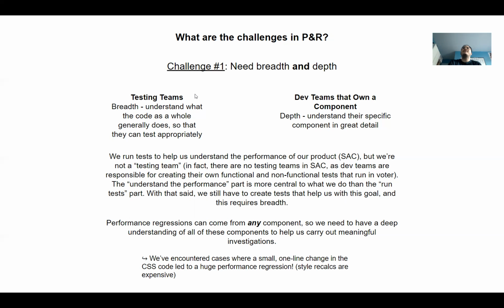So in this case, we need to have a lot of breadth, obviously, because the performance regression can come from pretty much anywhere, from any component. But at the same time, since a lot of these performance issues could be detected at the code level, we also need to have a very, very good specific understanding of these components, very deep understanding of them, okay?